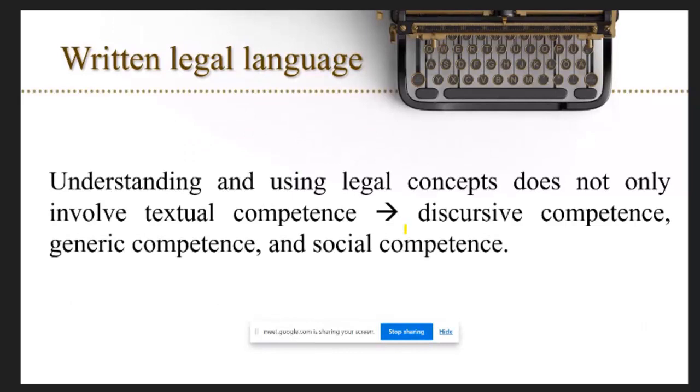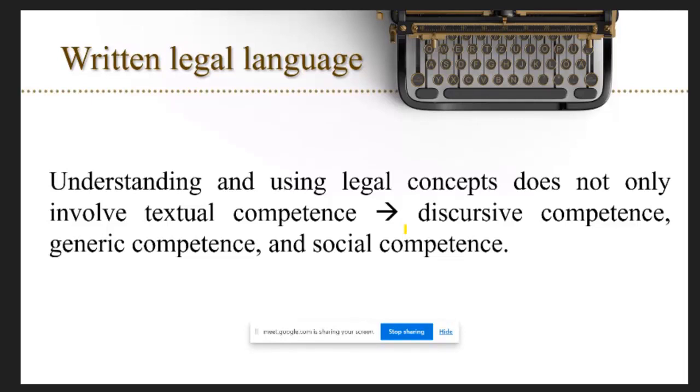If we want to understand legal concepts and legal writing, we need to involve many competences, such as textual competence, discursive competence, which is the ability to relate the relevant facts, the real situation out there, with the concepts mentioned in the paper, and generic competence and social competence.